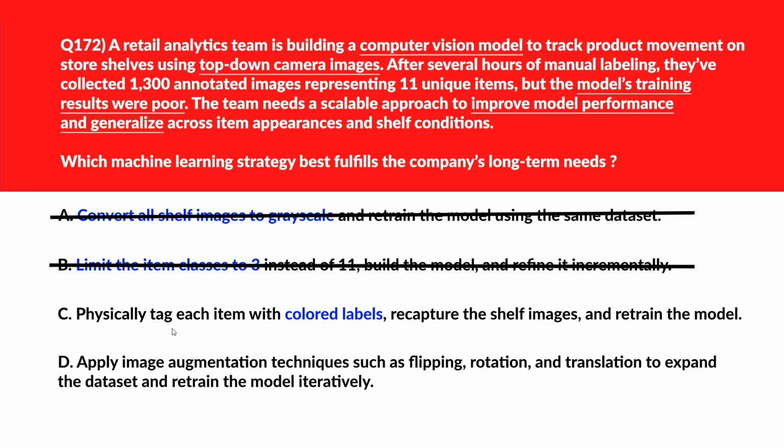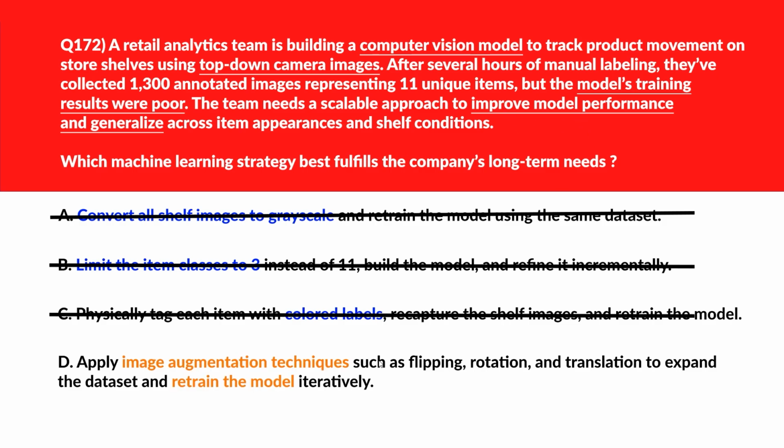C says physically tag each item with colored labels, recapture the shelf images and retrain the model. Adding colored labels alters the natural appearance and may not reflect real world shelf conditions. Wrong answer.